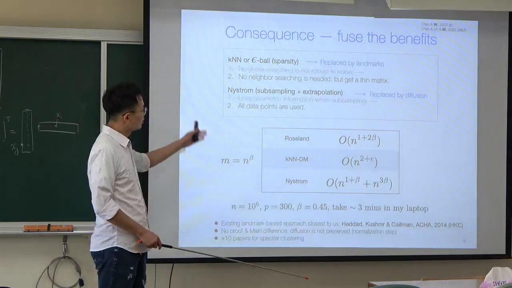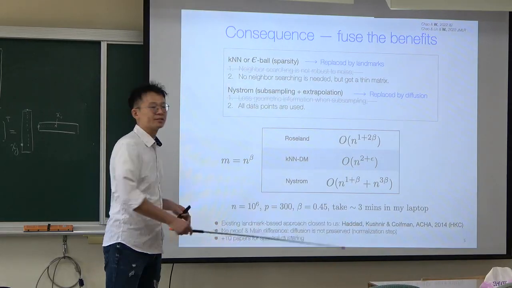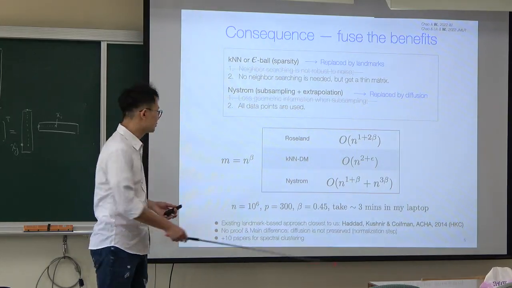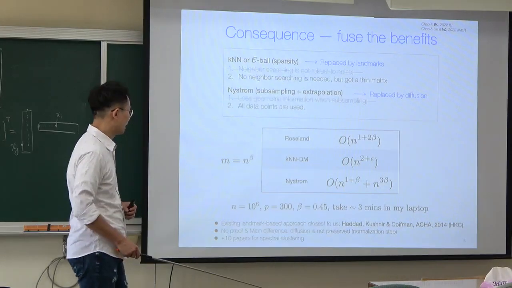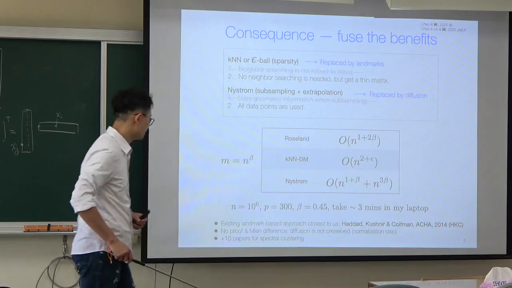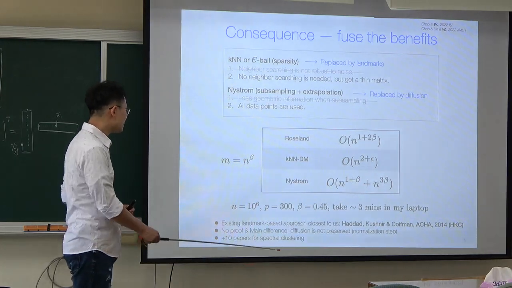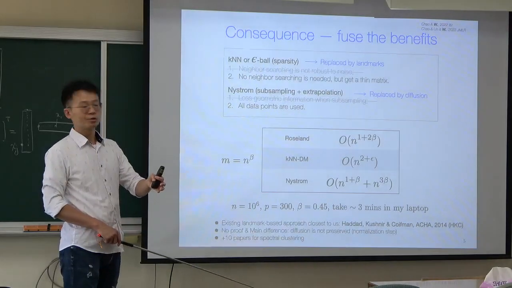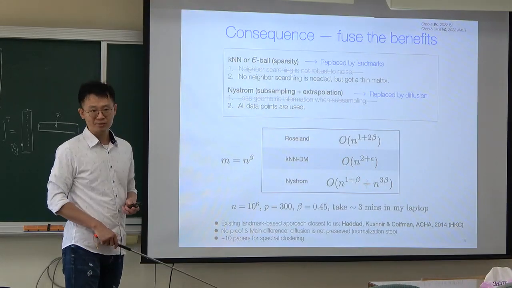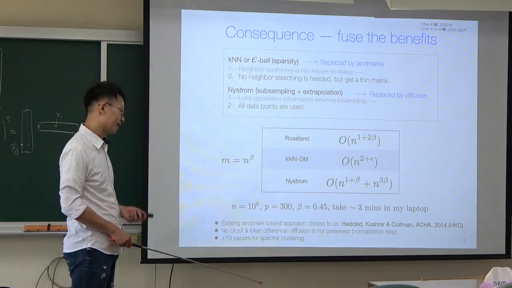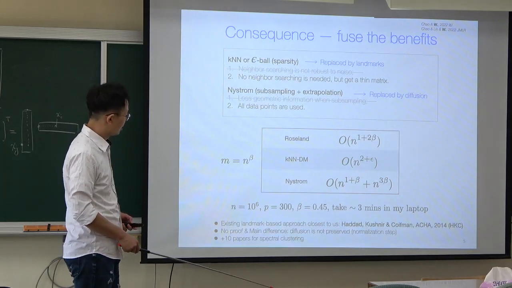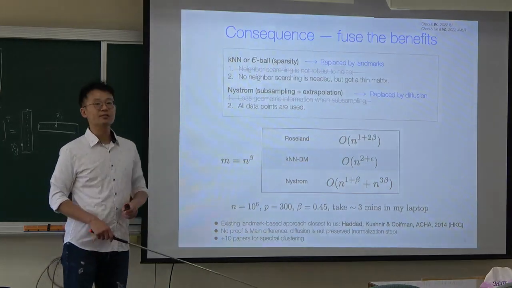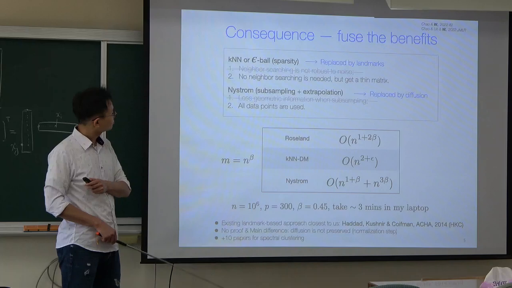And later on, I will show you the importance of preserving the diffusion property. If you don't preserve the diffusion, then the result is actually not as good. And also they do not have theoretical results to our knowledge. And there are many papers actually using this landmark idea to do spectral clustering, but again, there is no theoretical analysis. And we will talk about some theoretical analysis of Roseland later.